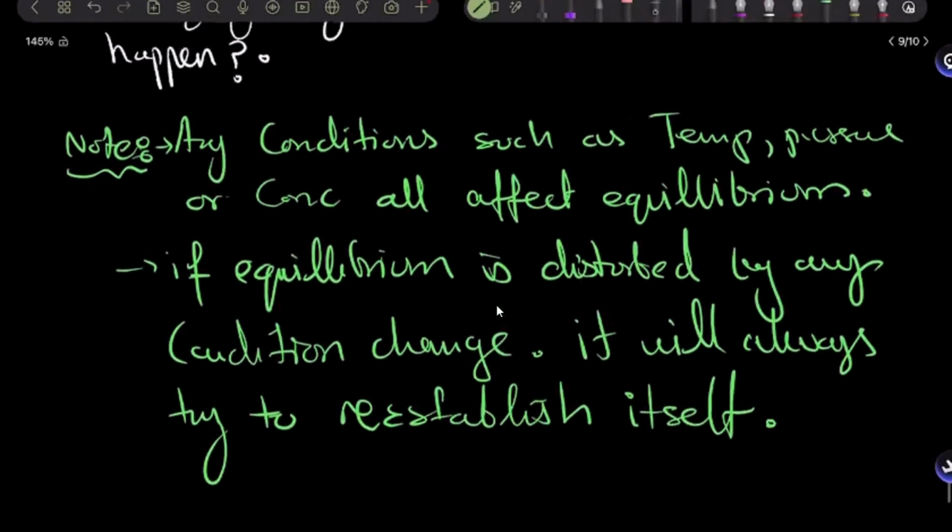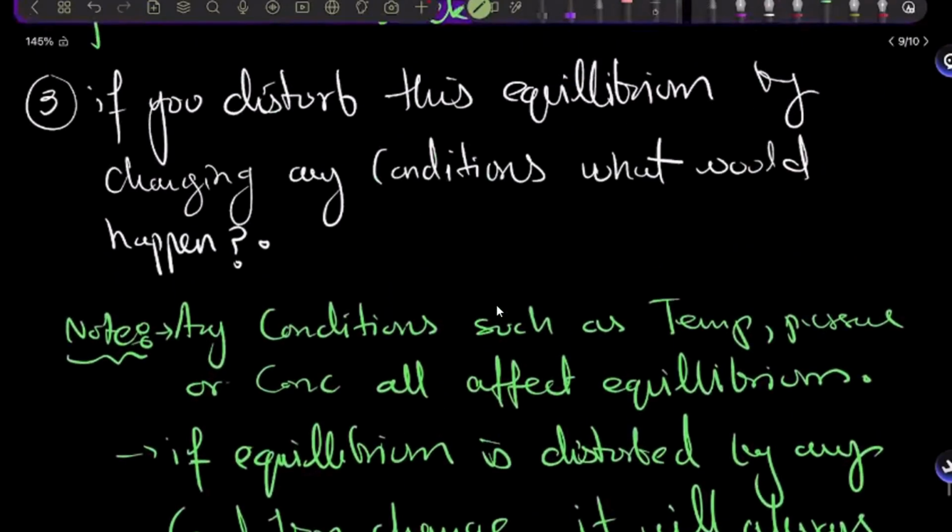If we disturb this equilibrium by changing any conditions, what would happen? First, we need to know that conditions such as temperature, pressure, or concentration all affect equilibrium, because any equilibrium establishes at a certain temperature and pressure, and then it decides a certain concentration of reactants and products to exist at that equilibrium.